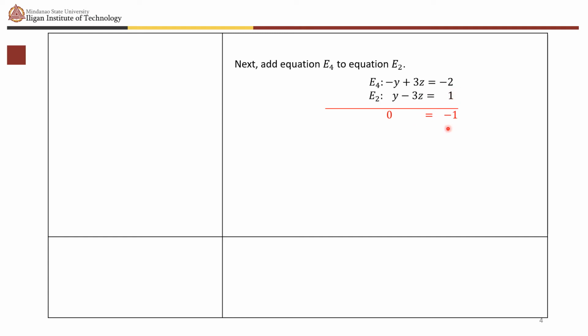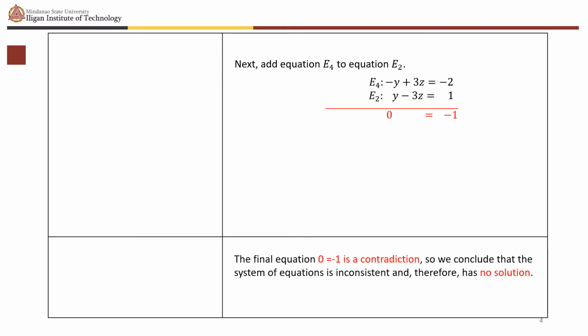Negative 2 plus 1 is negative 1. So we have 0 is equal to negative 1. And what does it mean? The final equation, 0 equals negative 1, is a contradiction. So we conclude that the system of equations is inconsistent and therefore has no solution.